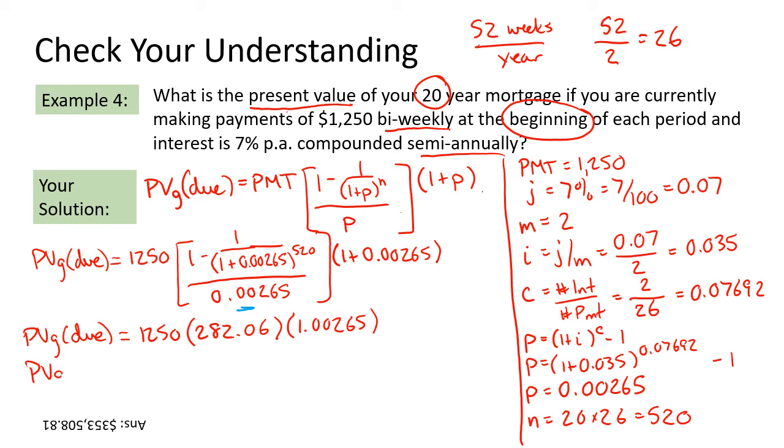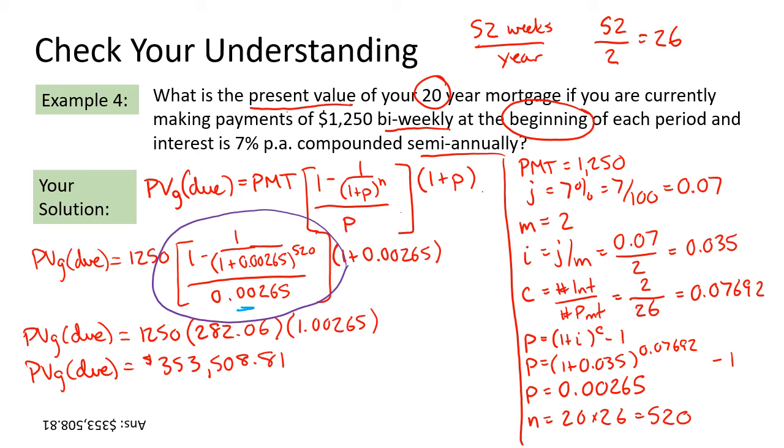Solving by multiplying these three numbers together, you get $353,508.81. Okay? So again, keep those factors in mind when you're calculating P and also when you're doing your main calculation that I've circled here in purple.